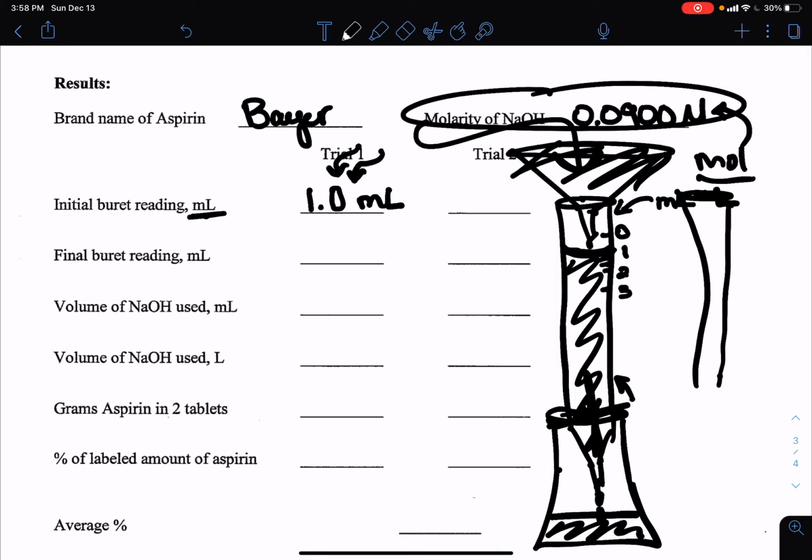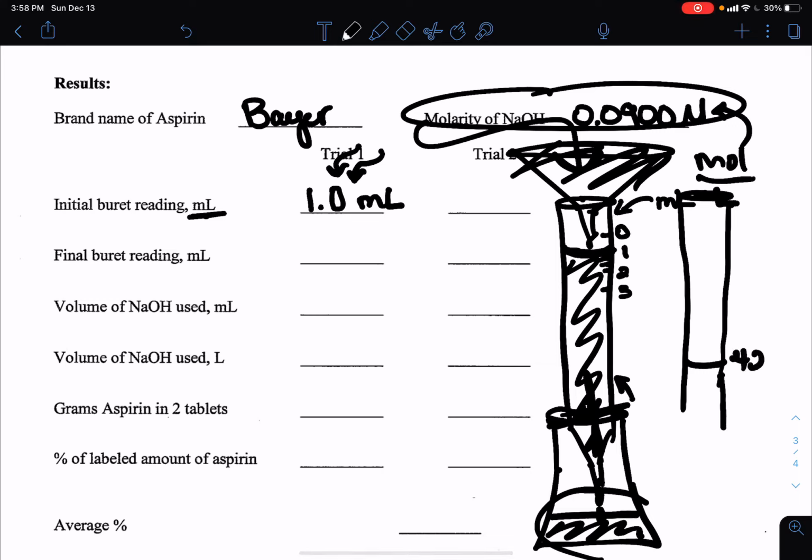Let's redraw that. Okay, let's make it straight. There we go. We're going to drain down the base into the acid until we get the lightest shade of pink we've ever seen, and then we know we're at the end of our titration. Say we end up down here at 42.